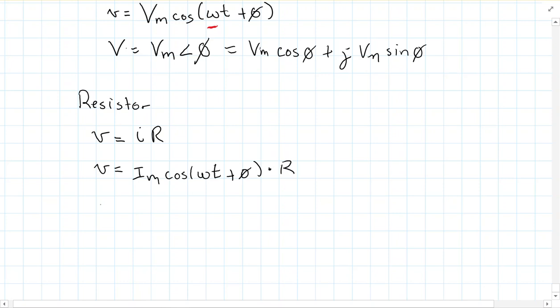Now I'm going to do a phasor transform, so I have my phasor voltage, and then this would just be Im at an angle of phi times my resistance. Now I want to emphasize, this is just my phasor current. And this right here, of course, is the phasor voltage.